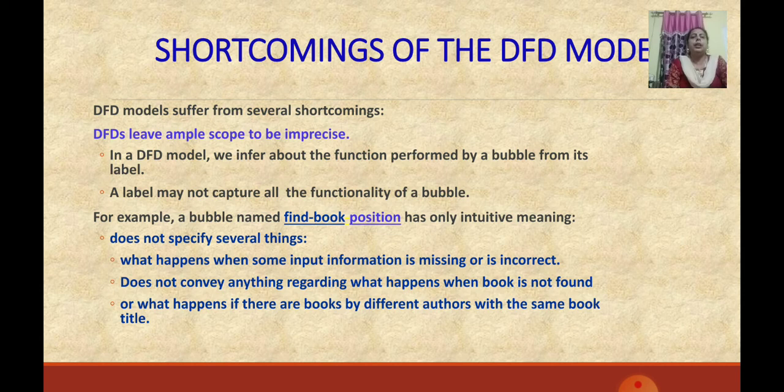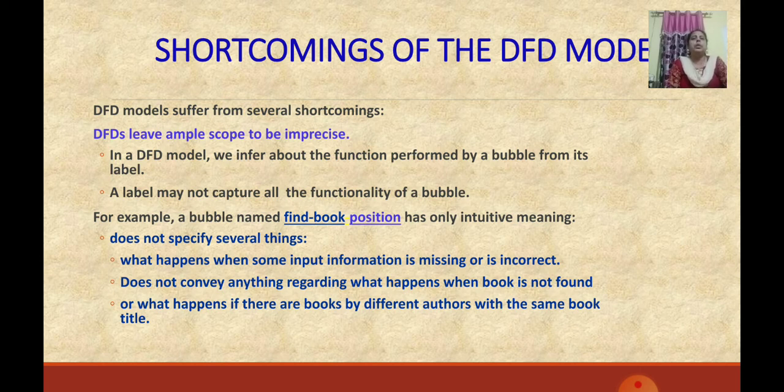Meaning in a DFD, it is not precisely described. We judge the bubble through its name. A label may not capture all the functionality of a bubble. Meaning the label, the function's name, the process name, the bubble name doesn't describe all the functionality of the function.